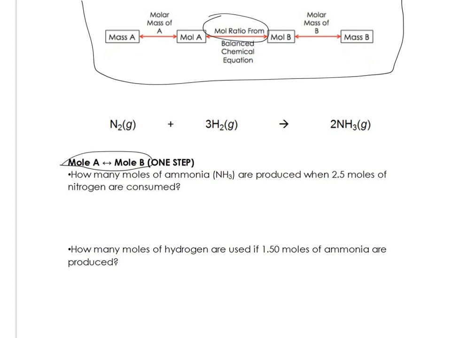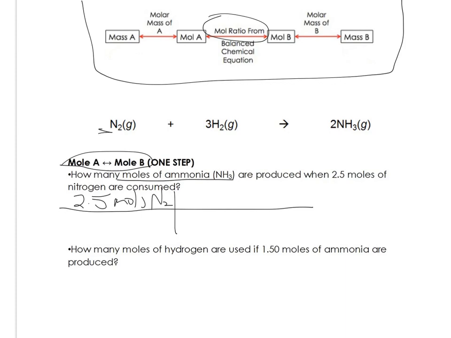These are one-step problems. How many moles of ammonia are produced when 2.5 moles of nitrogen are consumed? So you're going to start with what they gave you, 2.5 moles of nitrogen, and y'all need to start writing your compounds because we're going to switch between compounds now. So I want to go from moles of nitrogen to moles of ammonia. I look back at my balanced equation.